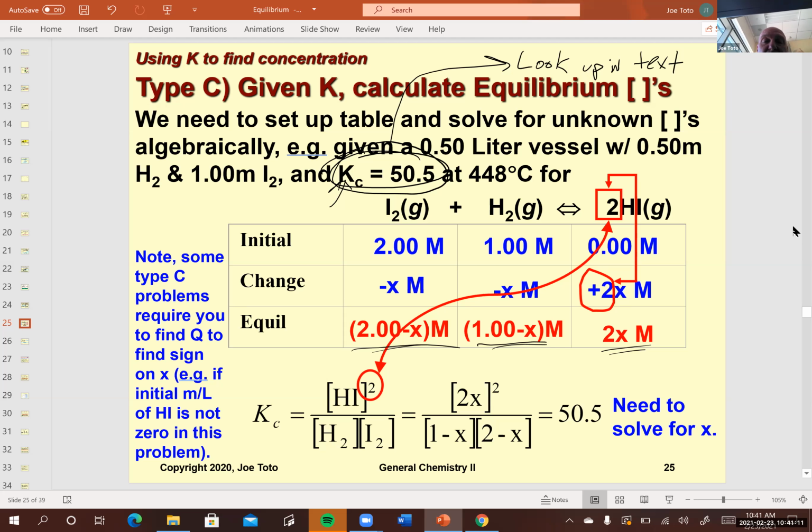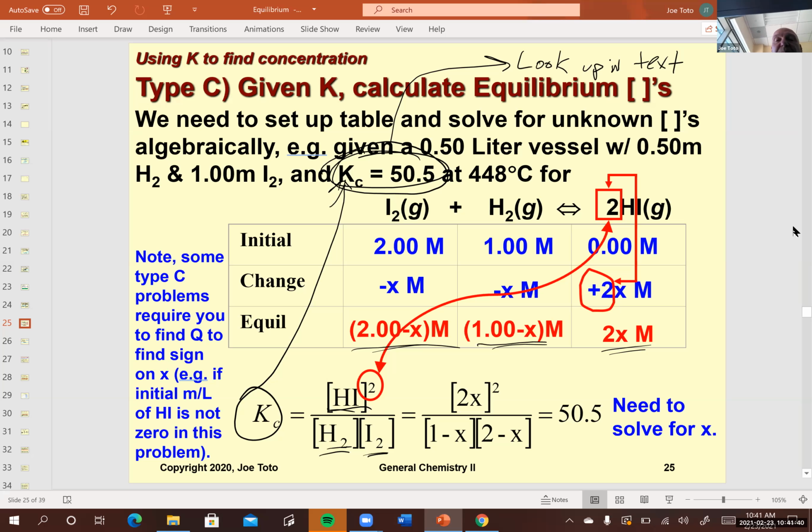So try not to skip this step and think you can do it in your head, because later on it's going to get more complicated. So we want to put our information in the form of an ICE table, and then make our relationships between what we're given, in this case K, and what we want to calculate, in this case the equilibrium concentrations themselves.